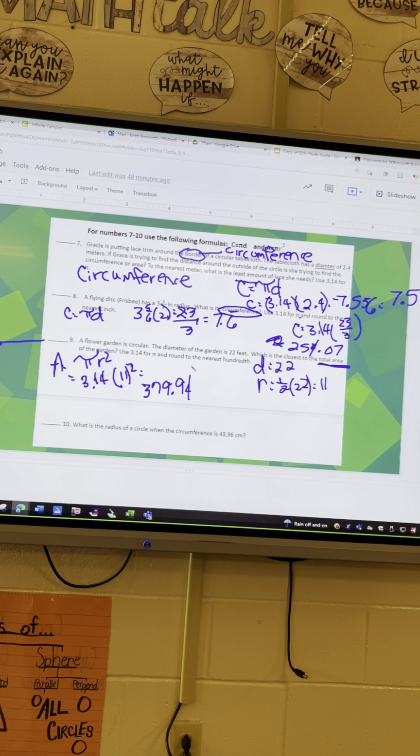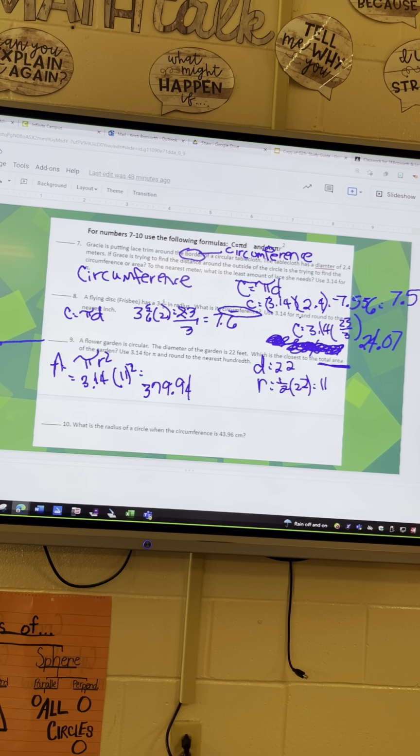Number 8, 23/3 times 3.14. It is 24.07. I don't know what I put in my calculator. Sorry, y'all. Go back and fix that.